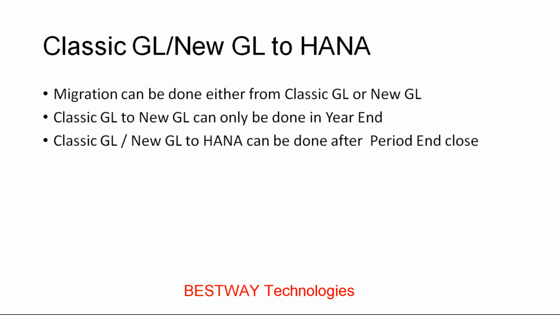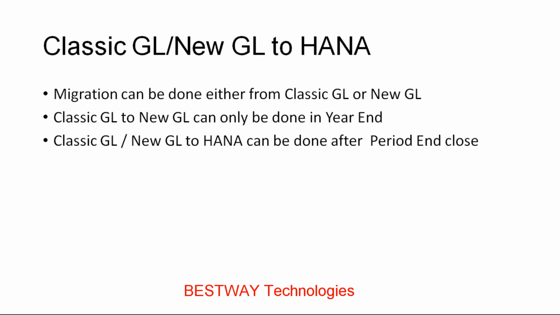Now, when you go to HANA, you may be in ECC 6.0 with classic GL or in new GL. Going to HANA, you can go directly from classic GL, or directly from new GL, or upgrade classic GL to new GL and then go to HANA. The best approach is to go from classic GL to HANA directly.